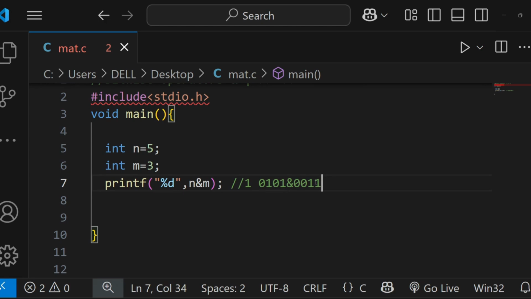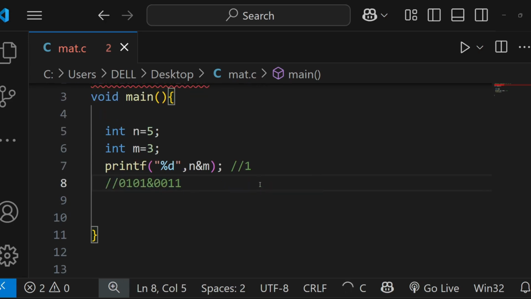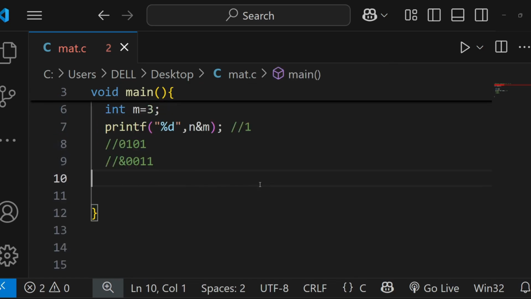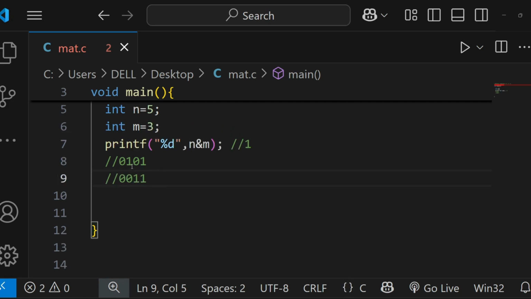So now what happens basically here is ANDing. ANDing means what the AND truth table or AND gate says. I'm going to AND them.